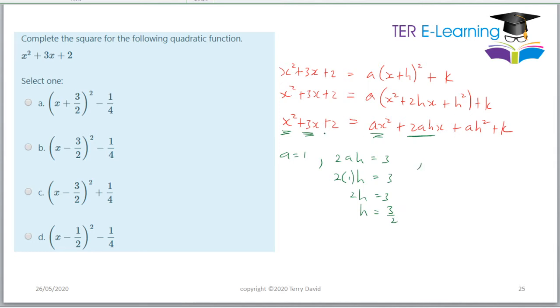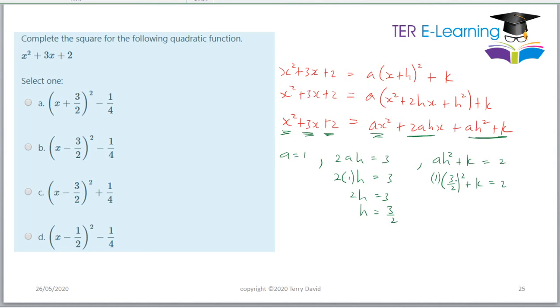Then what you're left with is plus 2 here, but you have all of this here, ah squared plus k. So this is ah squared plus k is equal to 2. a is 1 and h is 3 over 2. And you're squaring this, plus k is equal to 2.